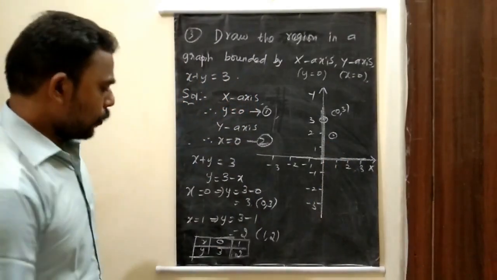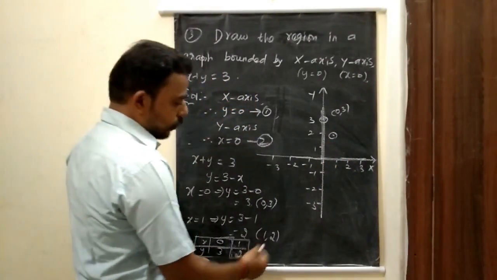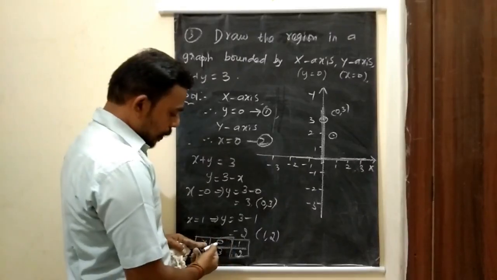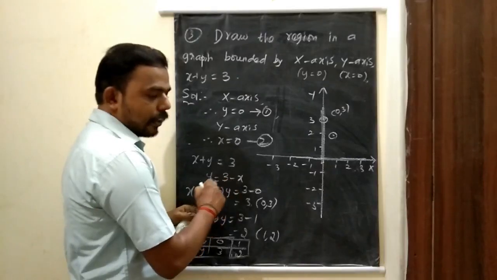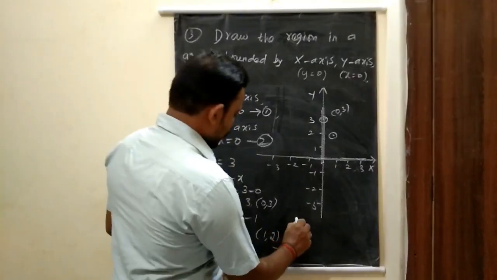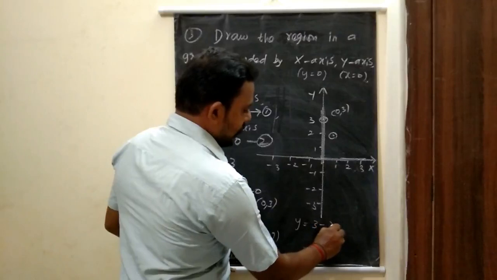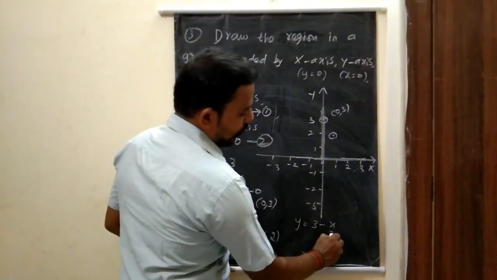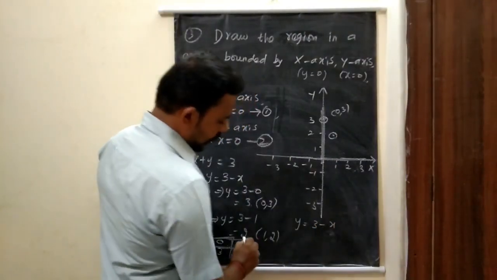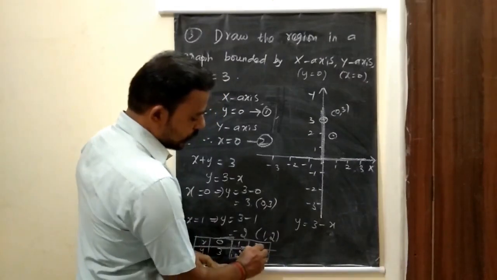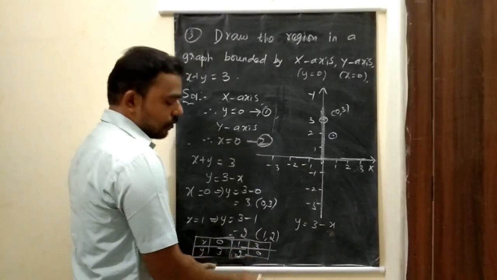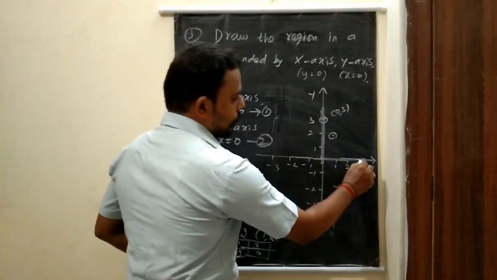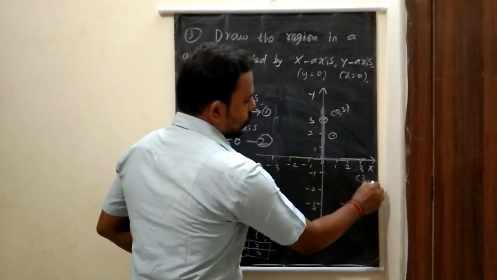Suppose we may find another point also by our choice. Suppose here 3: if x equal to 3, then y equal to 3 minus 3, so 0. So 3 comma 0 is also possible. X value 3, y value 0.